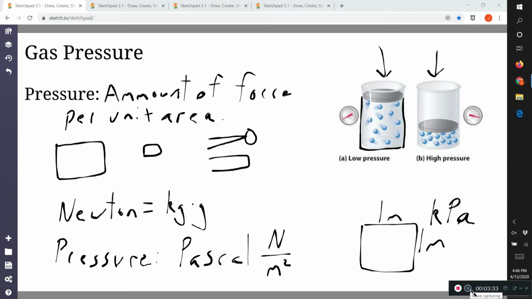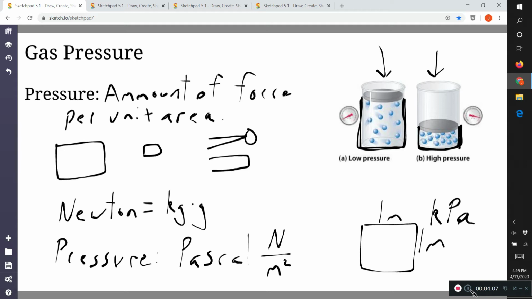Now, each individual particle won't generate very much force, but all of them put together generate enough force that it can be measured. So if we crunch those particles into a much smaller region, it increases our pressure. And the reason for that is, imagine if you had the forces distributed over a much larger area, we have lower pressure. But if we make that area much smaller, we have much higher pressure.